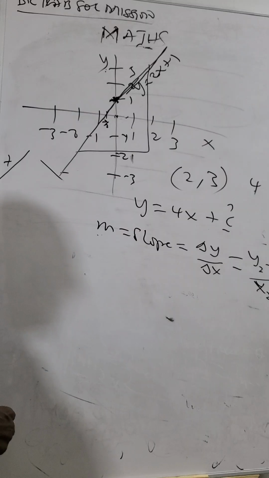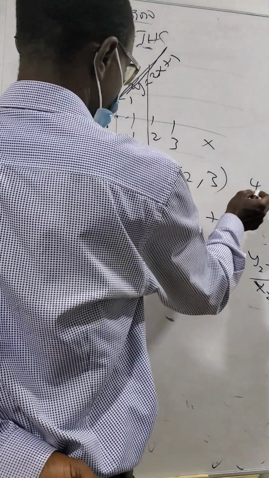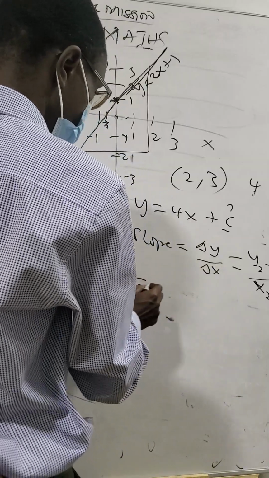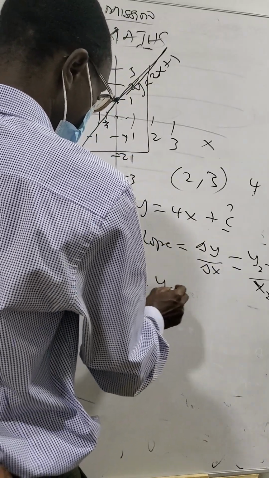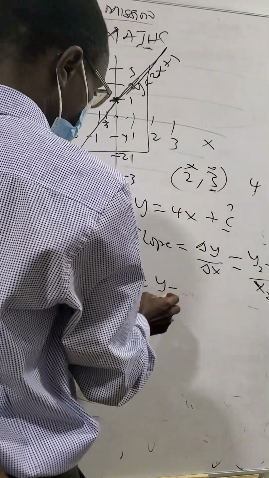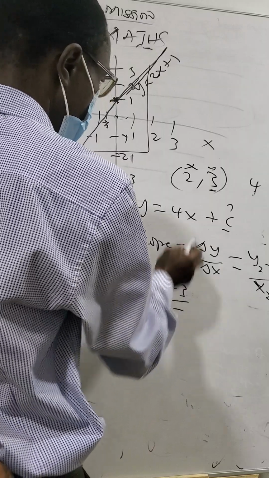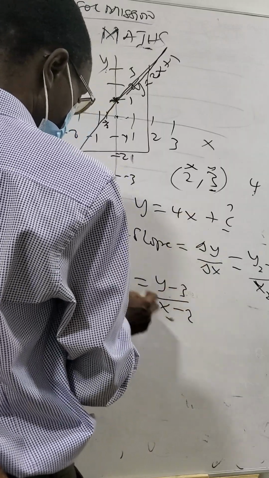Right, so for the expression given to us, we can put these values here. We are saying that the slope is 4. So 4 is equal to y minus 3 over x minus 2. So this is the equation.